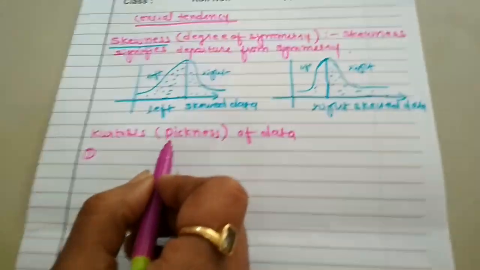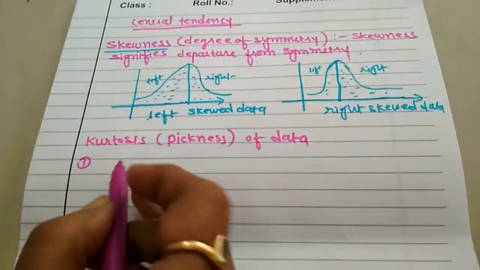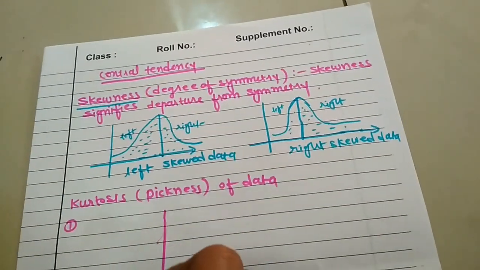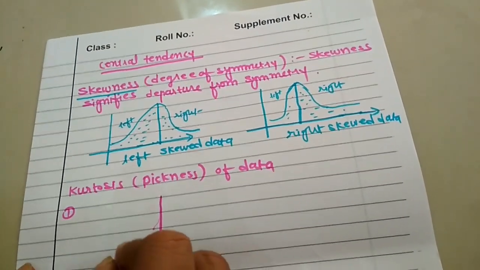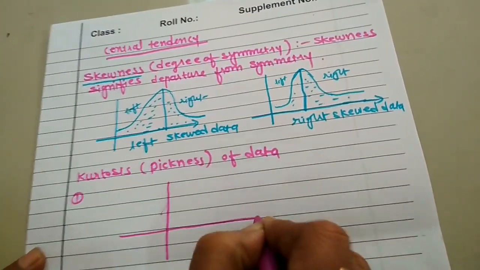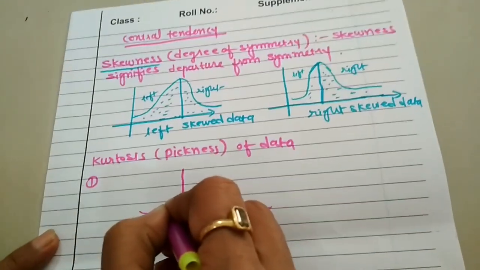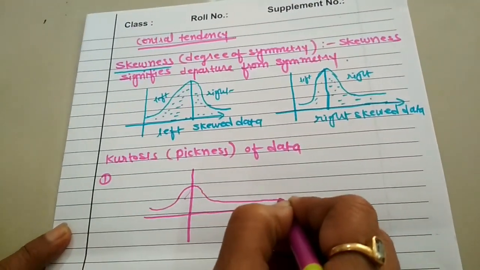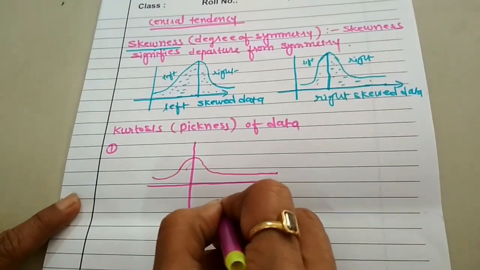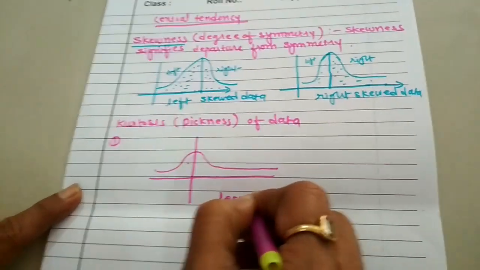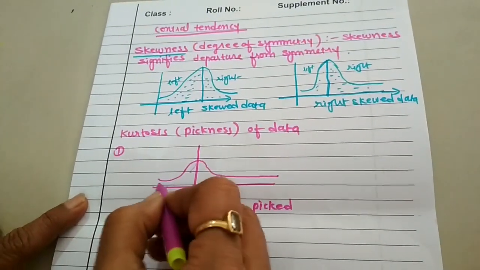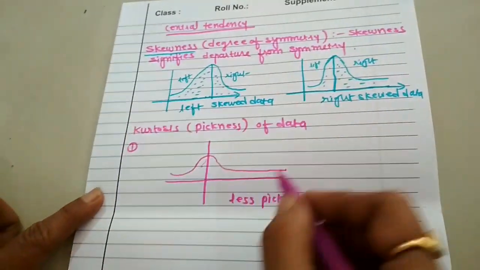Kurtosis means the thickness of the data. So first one is, if we plot the graph like this, this is less peaked, so the data is not having more peak, so it is less peak data.